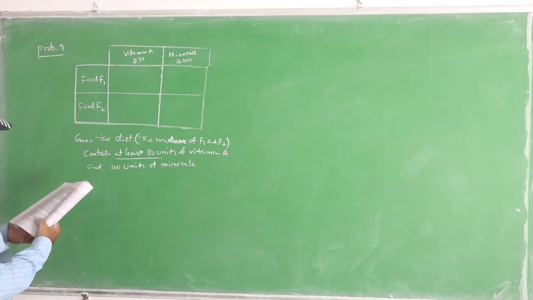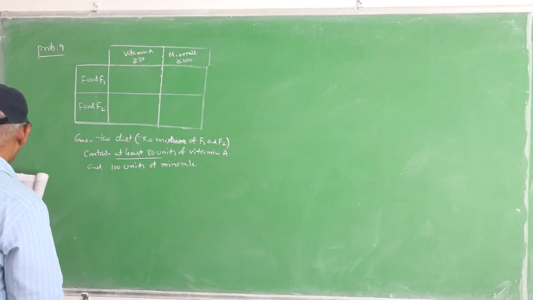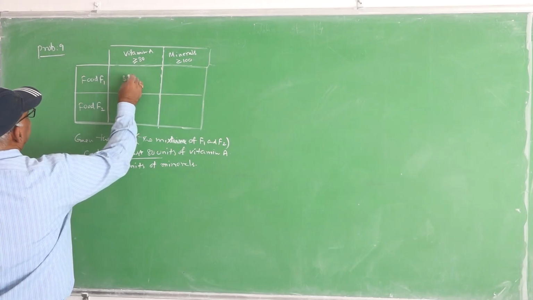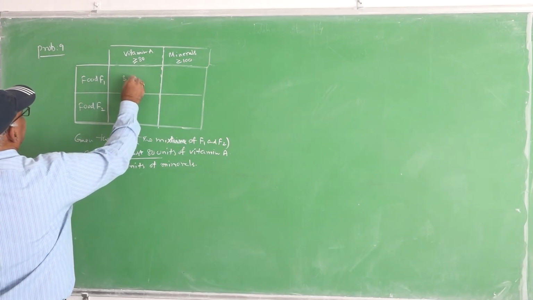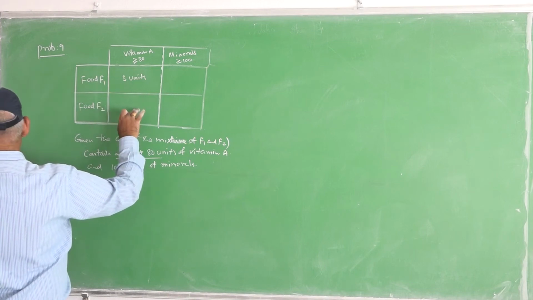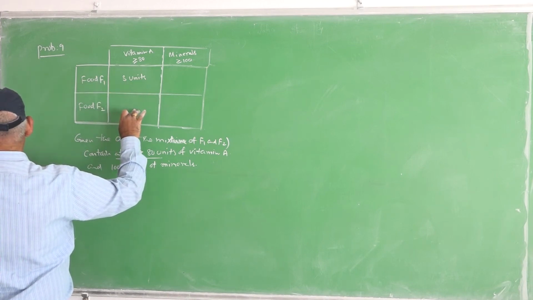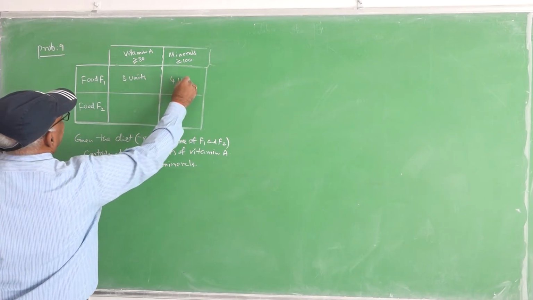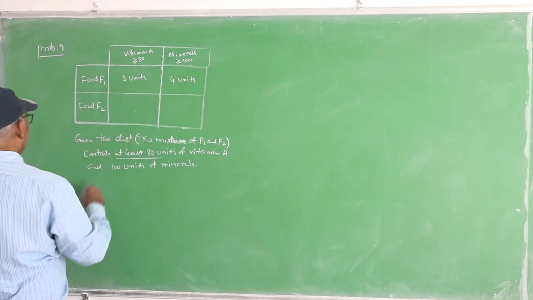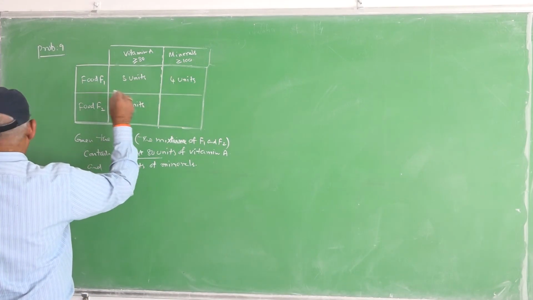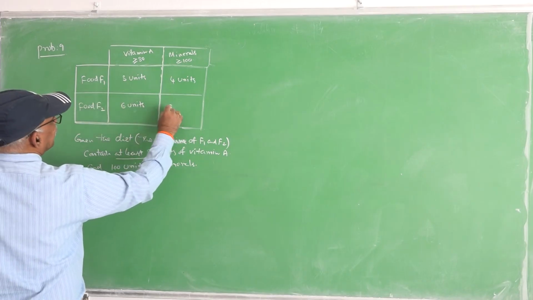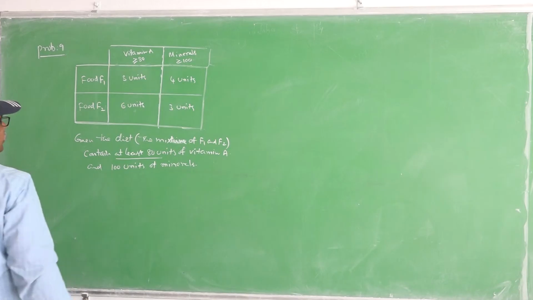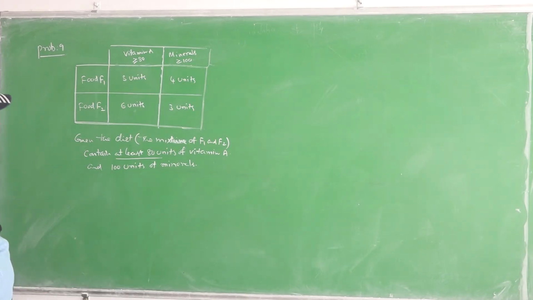Whereas food F1 contains 3 units of vitamin A and 4 units of minerals, F2 contains 6 units of vitamin A and 3 units of minerals.